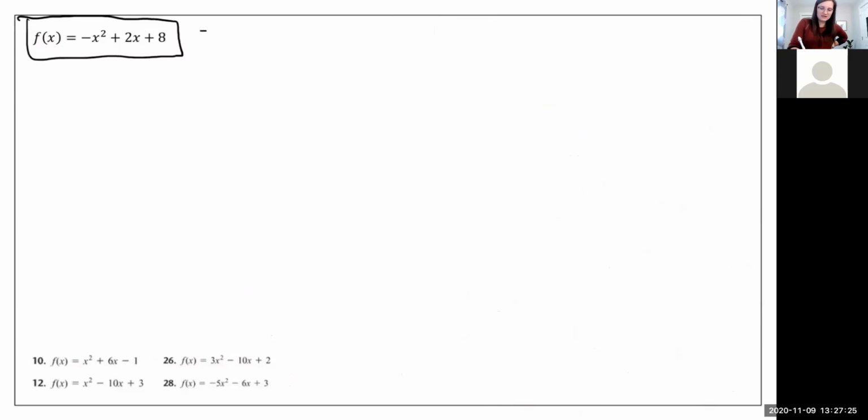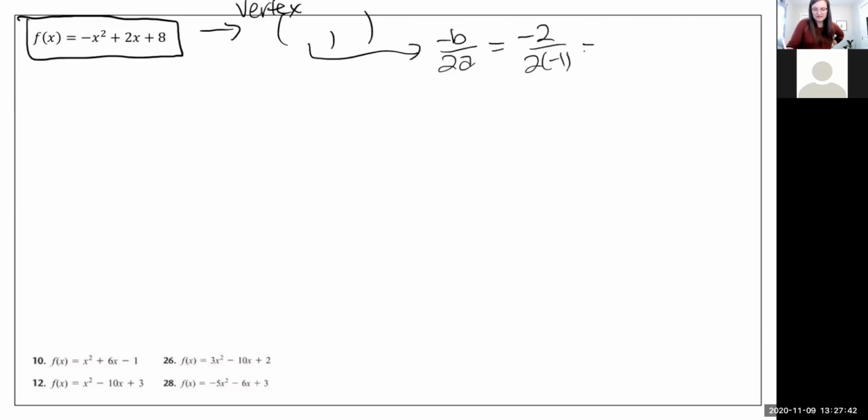Like right here, I could already know that the vertex X value is going to be negative B over 2A, which is going to be negative 2 over 2 times negative 1, which is a 2 over 2, which is a 1.